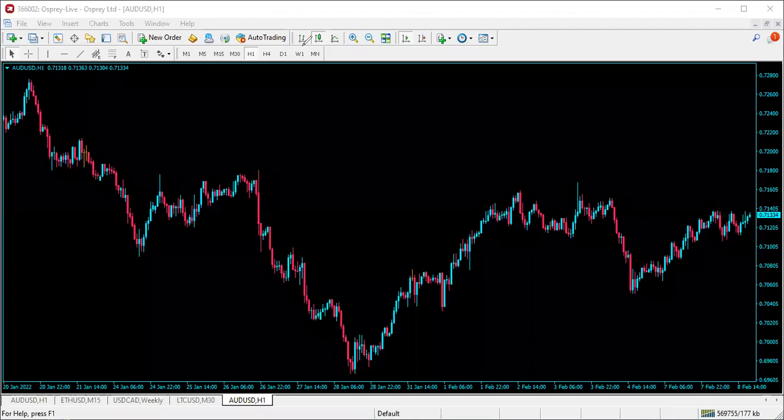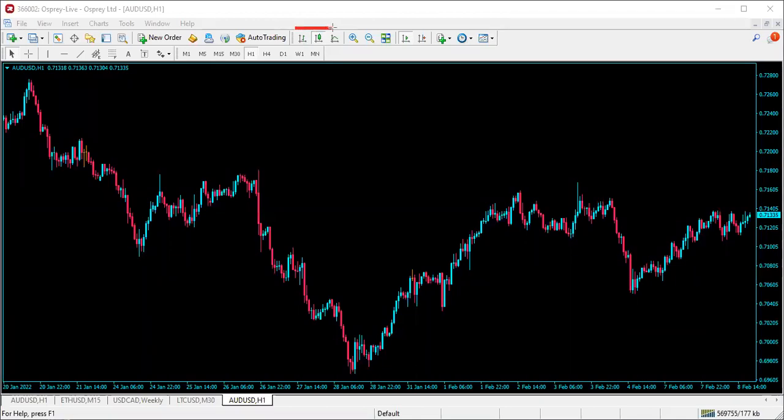Remember, the line chart is the part that is right next to the candle chart. The candle charts are the one in the middle, or the red box in the middle. We are talking about the line chart over here to the right.